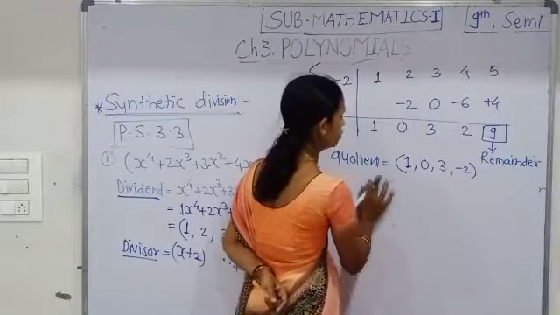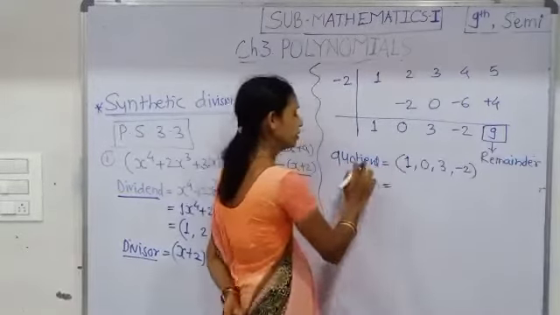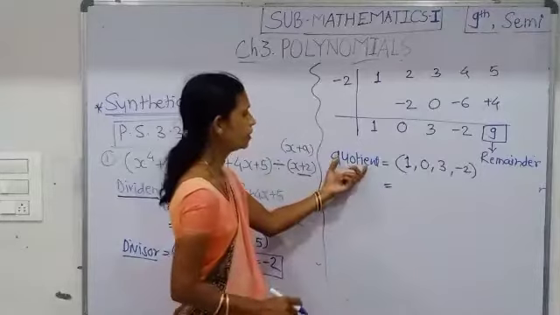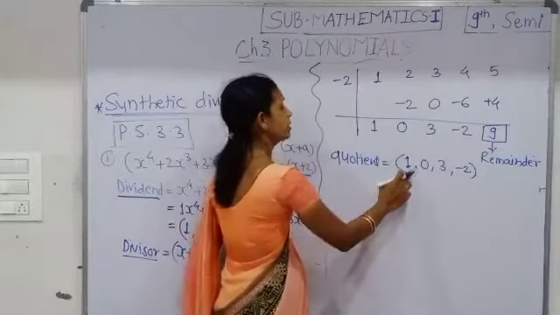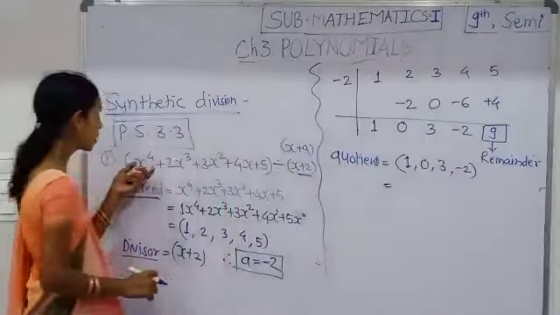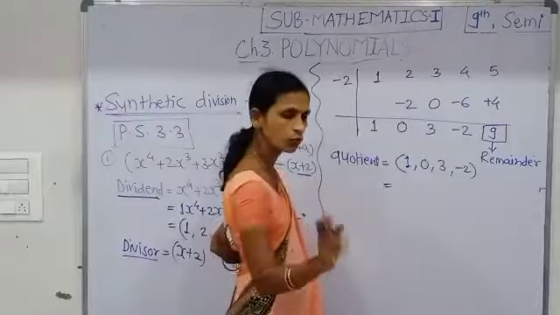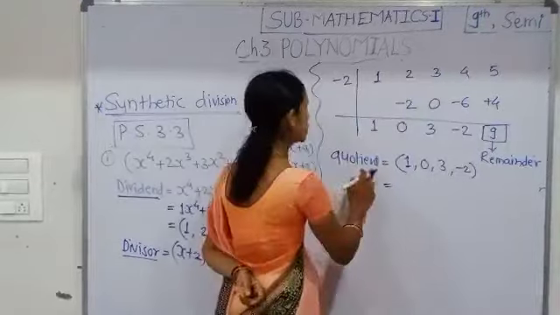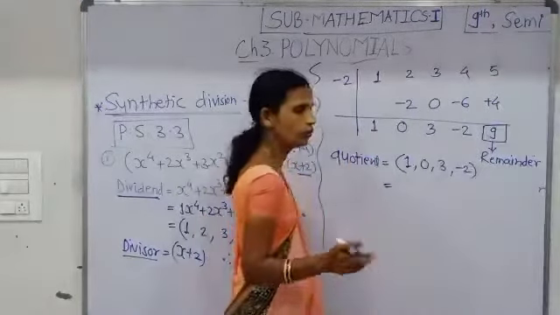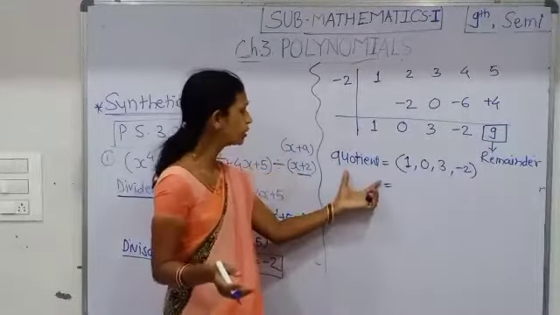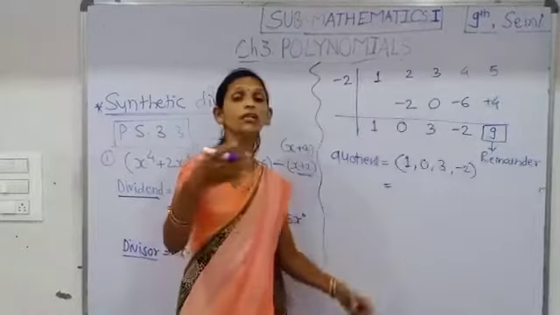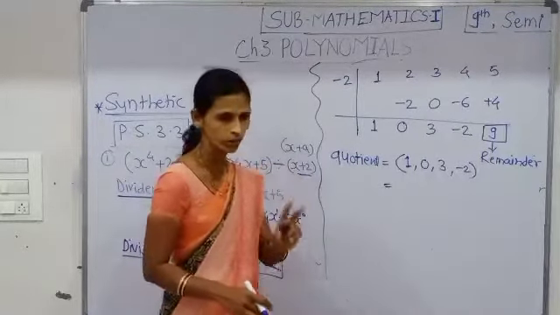Therefore, the degree of the polynomial obtained in the quotient is 3. And here the variable which is used is x. Therefore, we should write the quotient in the x variable. If you write the quotient by taking any other variable, then it is wrong.